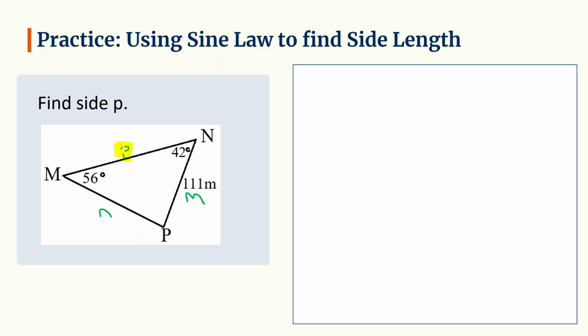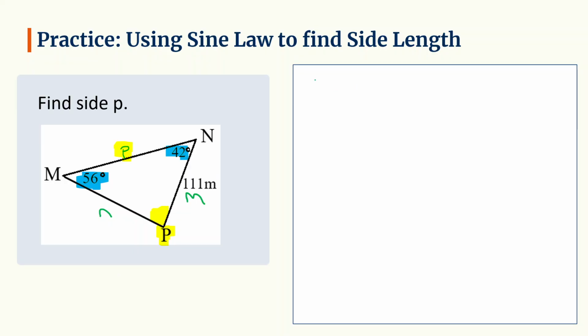So in order to find side P, I need to know angle P, but I don't know it. But don't I? Because if I have two angles in a triangle, I can always find the third because all angles in a triangle add to 180. So that's the first thing I'm going to do, and I'll do it the more math teacher friendly version.